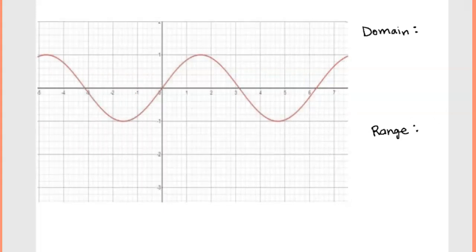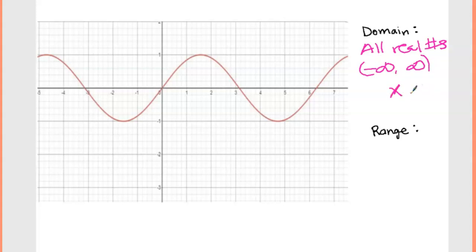In terms of the domain here, it is indeed all real numbers, which, shortening it, is negative infinity to positive infinity. We want to bring the x involved because it's a set of all x values. So here x is greater than or equal to negative infinity, and is less than or equal to positive infinity. Now let's look at the range.